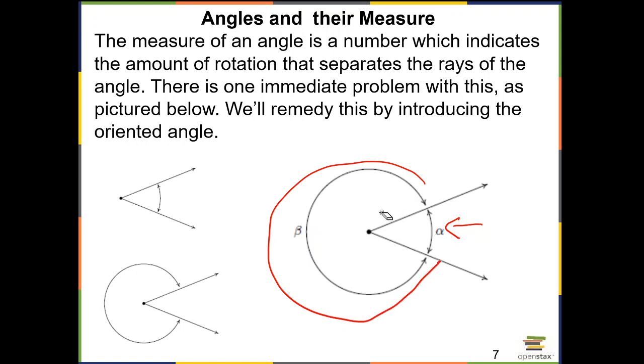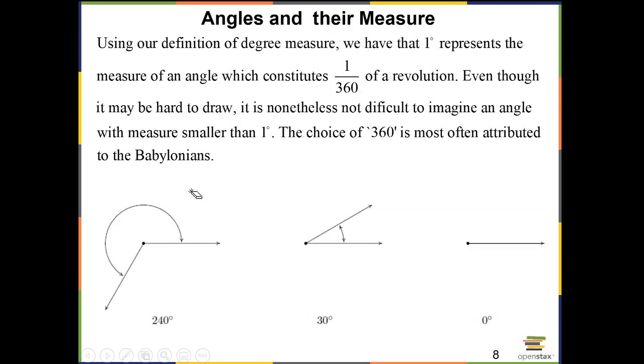So which one are we talking about? Well, that's why we have to talk about oriented angles. So we're going to remedy that in a moment. Okay. So this is the angle, and we can talk about oriented angles in a second.